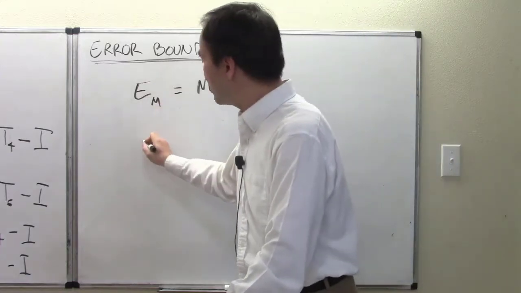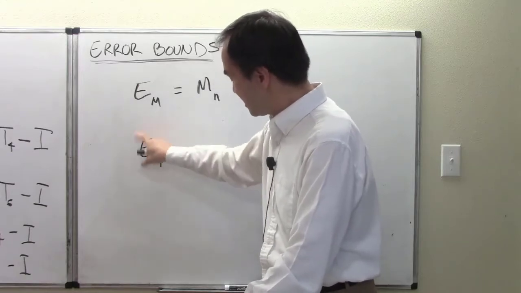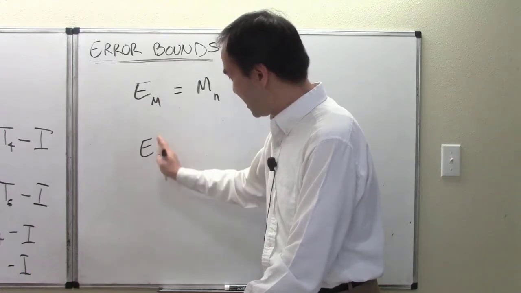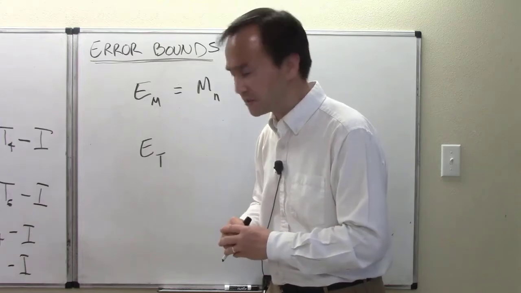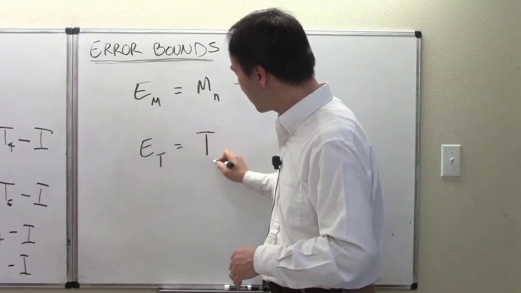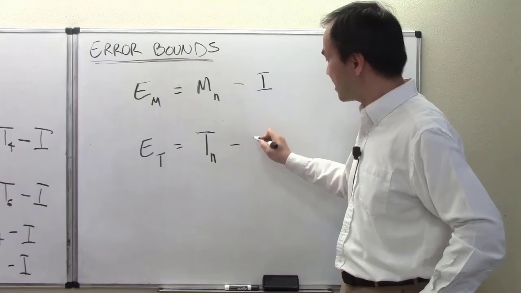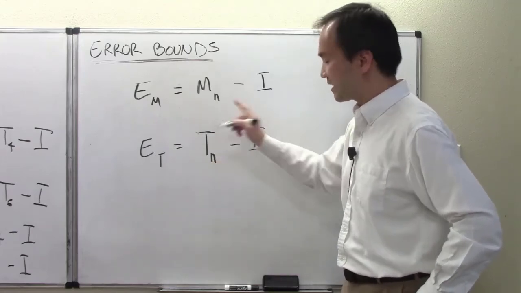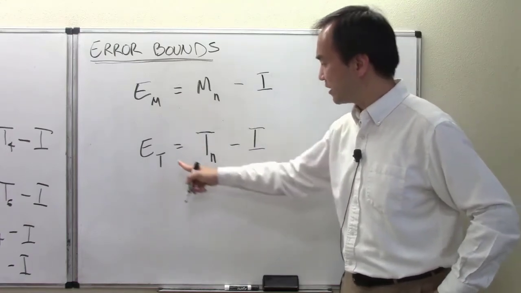And then if we were using the trapezoid rule, then ET, error is famously notated by capital letter E, but the subscript T here indicates that this is the error produced by the trapezoid approximation method. Similarly, we run the trapezoid method with any general n subintervals, and then we subtract the actual answer from that approximated value, and that's how we produce the amount of error for the trapezoid method.